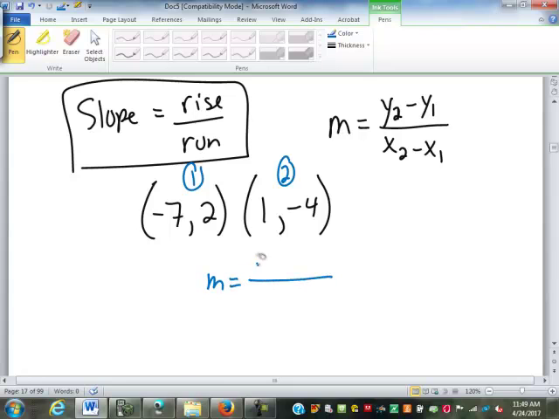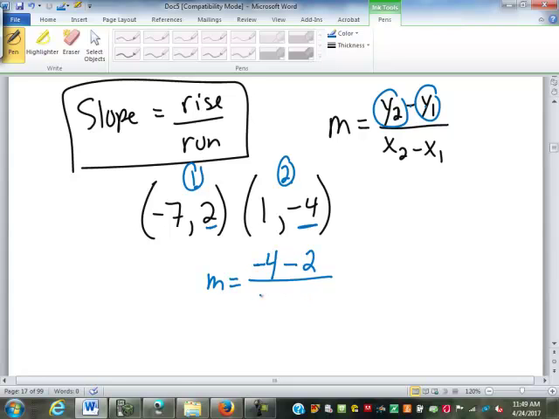In my slope, what's the first number up here going to be? Well, y2 is going to be point 2. The y-coordinate is -4. Minus y1 is going to be point 1. The y-coordinate is just 2.